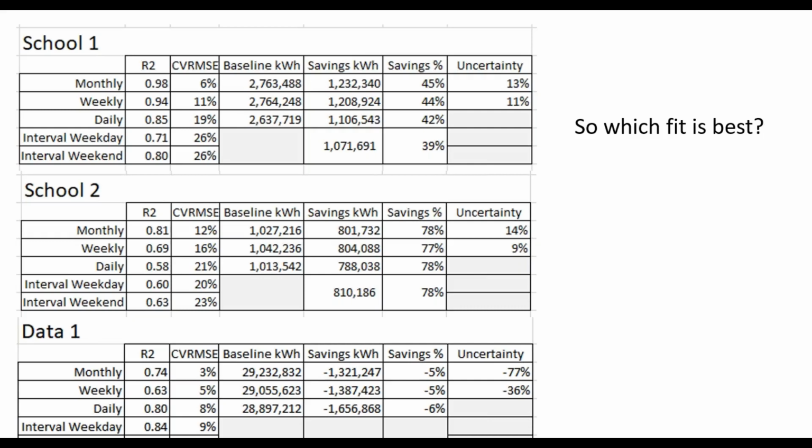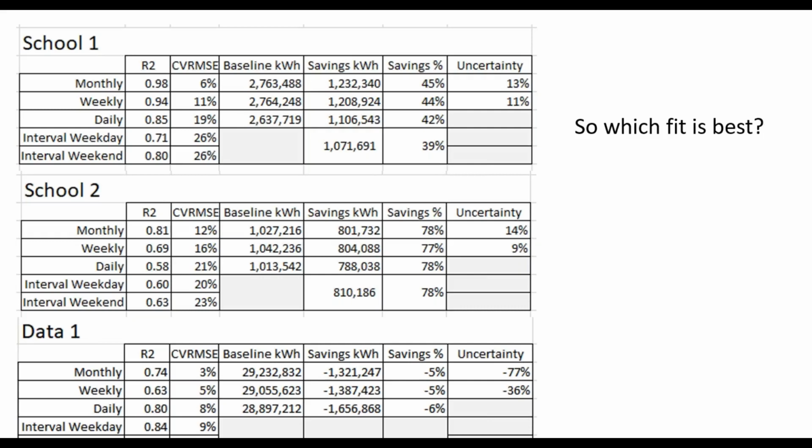It wasn't the same pattern for school two. So it's not like one method is going to give you higher or lower savings. These are all estimates with some uncertainty around them. The last one was more of a test case where they don't think they really had done a measure here, so we're just seeing random drift.